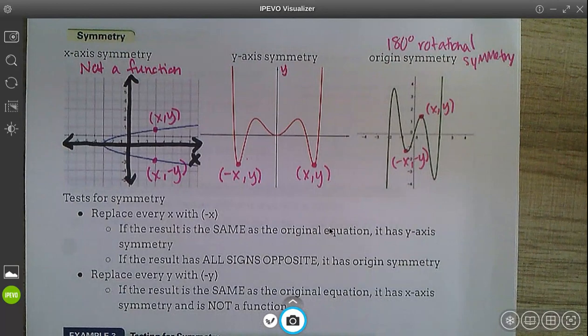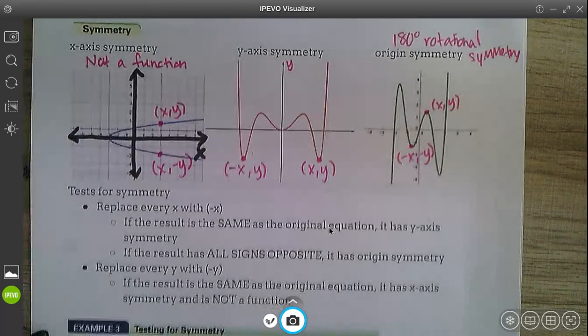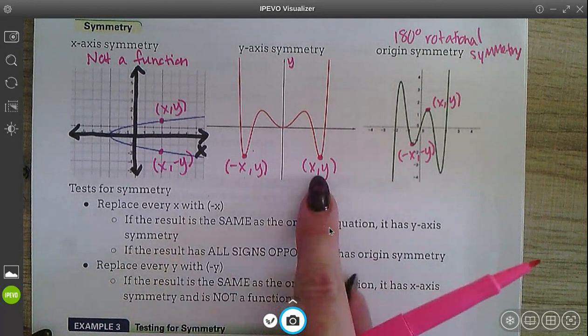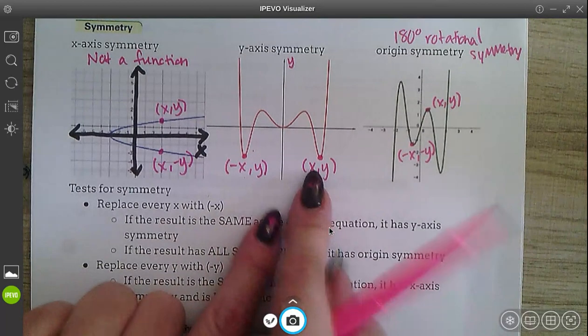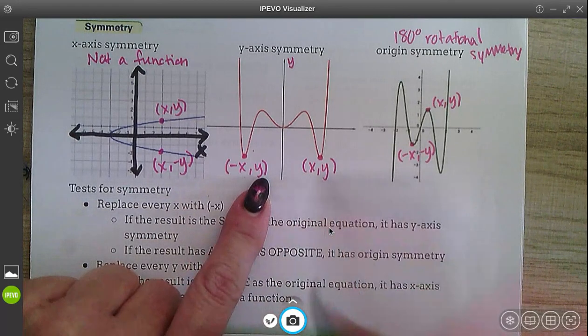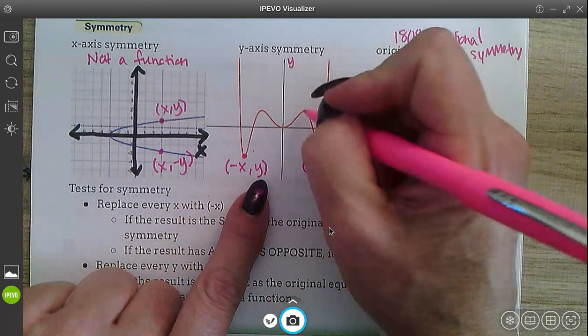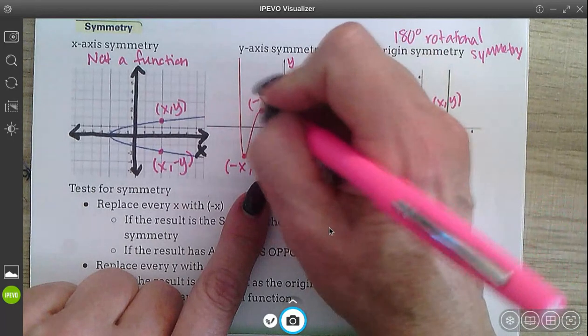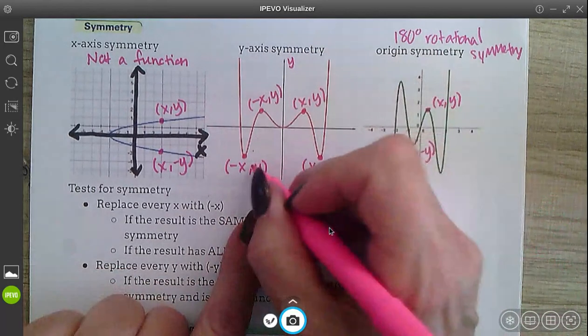So to test for symmetry, what we're going to do is replace every x with the opposite of x. So if you look at this one, if I replace x with the opposite of x, I still get out y. Actually, I wanted to put this here: (x, y), (negative x, y). I shouldn't have chosen one down here.